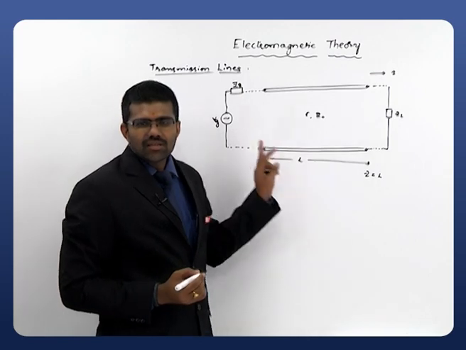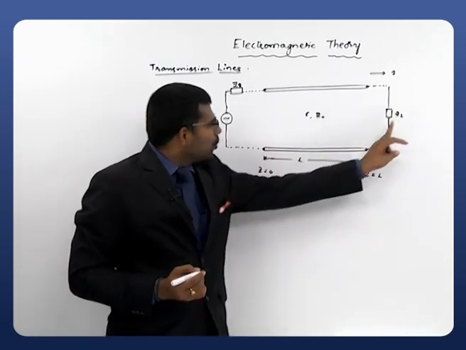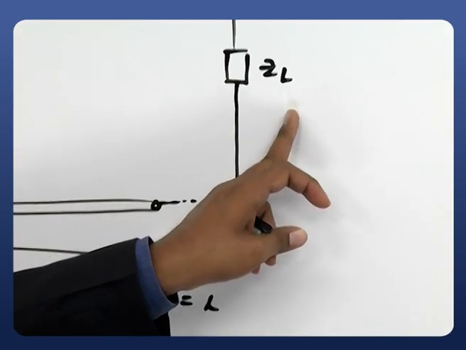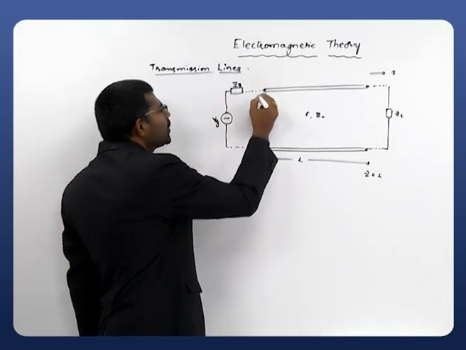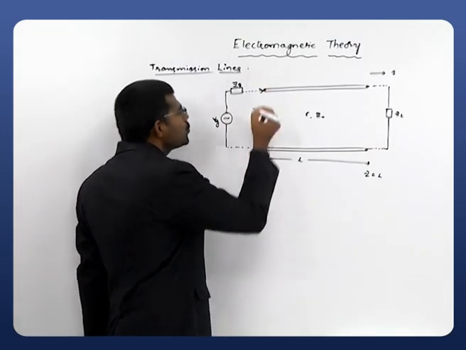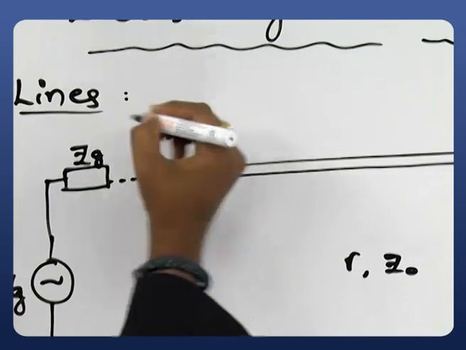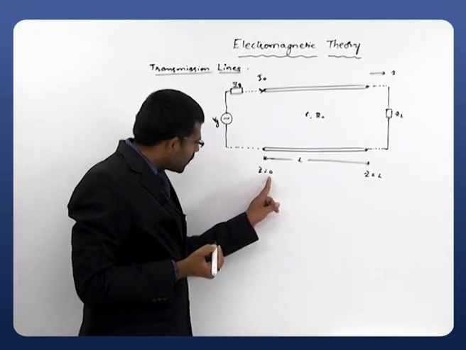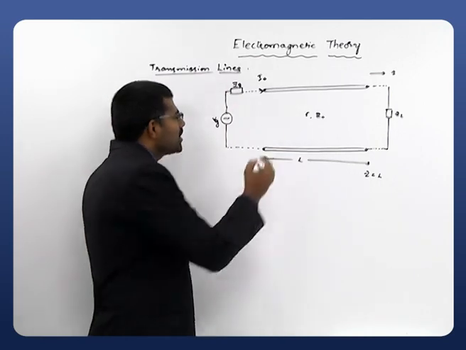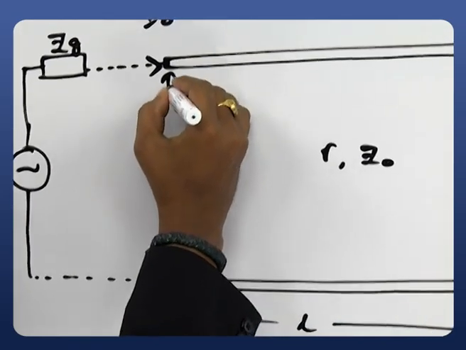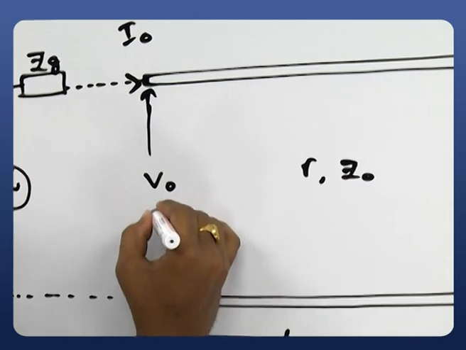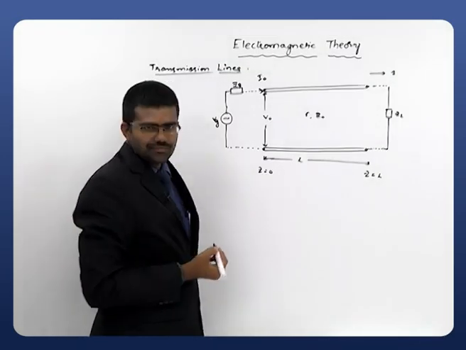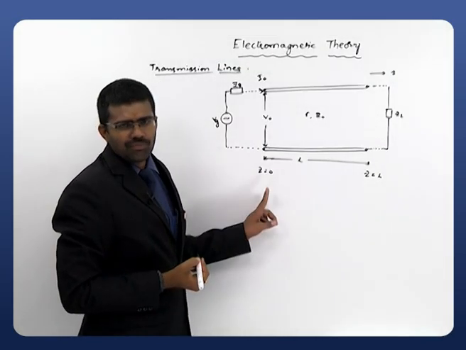So I am connecting the generator at the input end and the load at the output end, and I require a few more parameters, like the input current. At z equals 0, I will assume the current going into the transmission line as I0. Similarly, the voltage exactly at the input may be written as V0 at z equals 0.